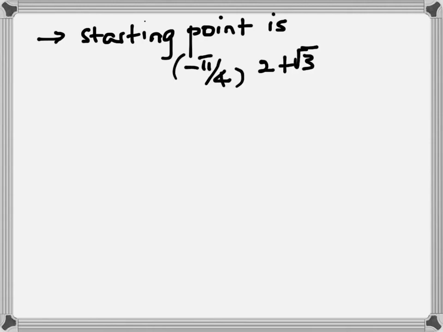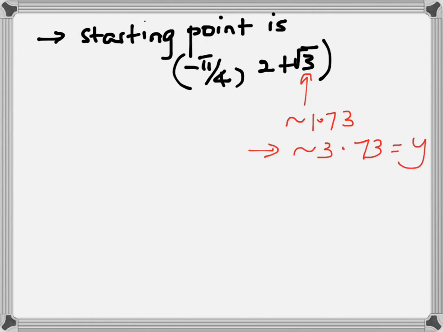So we might as well get our calculator going and work that out. It looks like root 3 was 1.73, and therefore that starting y value is approximately 3.73. So that's a good thing to know. We can just sock that away and use it when we need it.